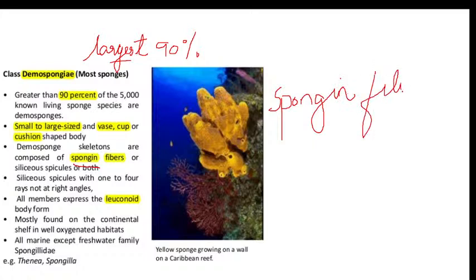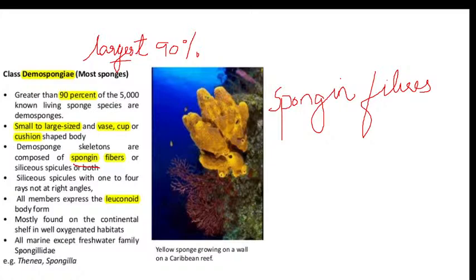Spongin means simply protein. The spicules are made of spongin fibers mainly, or some sponges are made up of silica, or in some sponges both spongin fiber and silica will be present. Then siliceous spicules with 1 to 4 rays are found.